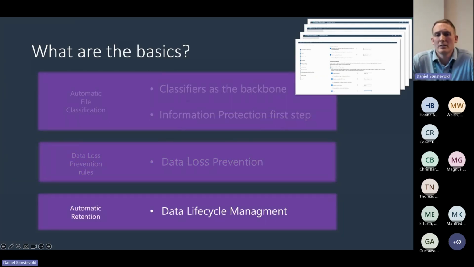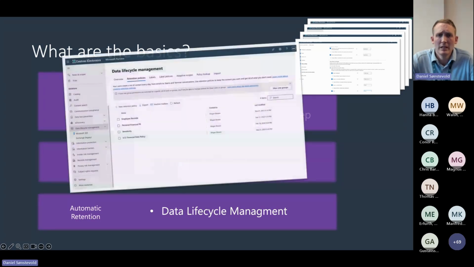And lastly, we have automatic retention, or in Purview terms, data lifecycle management, which is used to set retention or automatic deletion for emails, files, and a lot more. Now, setting retention policies and label exceptions for those policies so that not everything is impacted, it helps us keep the valuable information and throw away the garbage, as Magnus also mentioned.